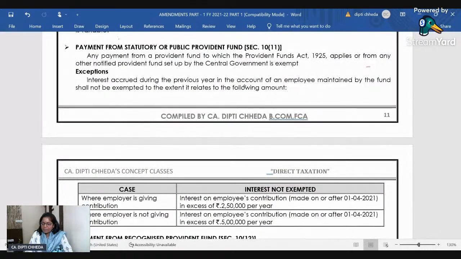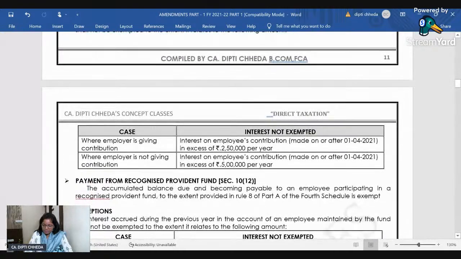Interest accrued during the previous year in the account of the employee maintained by the fund shall not be exempt to the extent it relates to the following amounts. Where the employer is giving contribution, interest on the employee's contribution made after 1/4/21 in excess of 2,50,000 per year is taxable.